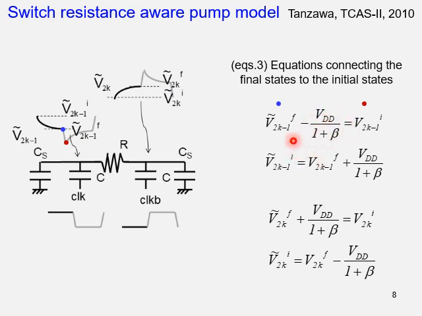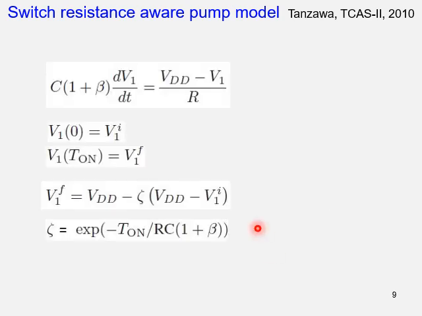And similarly, you can write down those other terms. And those three kinds of equation sets are sufficient to solve those equations to get the voltage output and current equation.